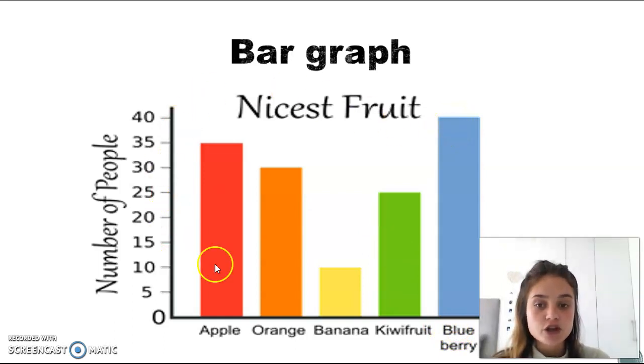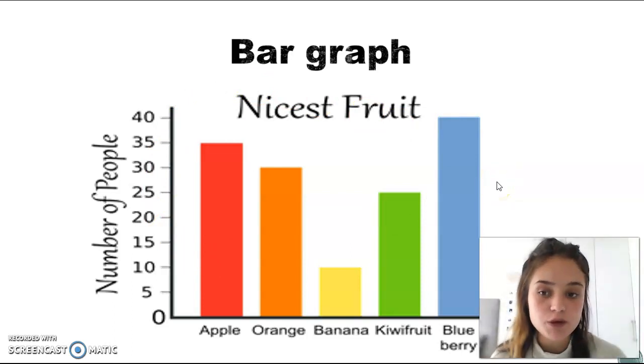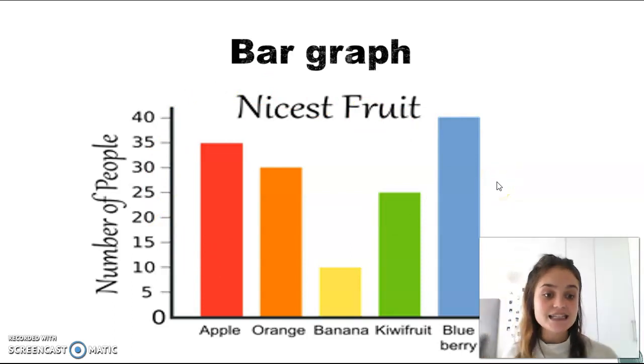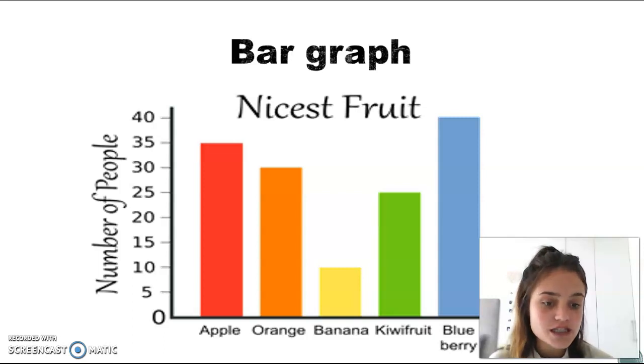And from this bar graph, boys and girls, we can see which was the most popular, which means the people that liked it the most, and which one was not so popular, so which one people didn't really like. So I'm going to say which one was the most popular, who got the most votes, and which fruit was the best.